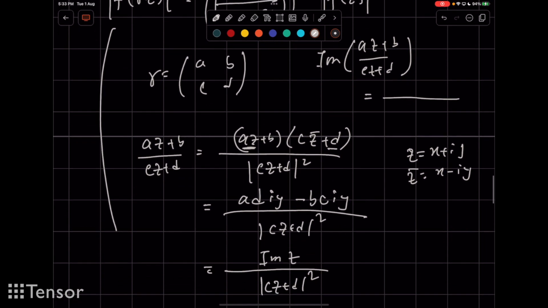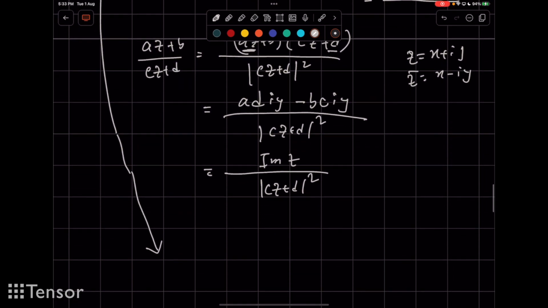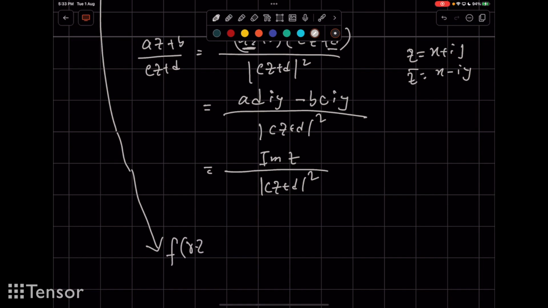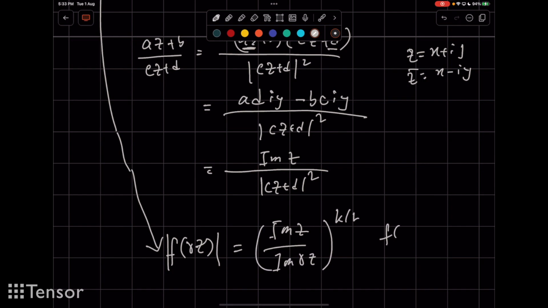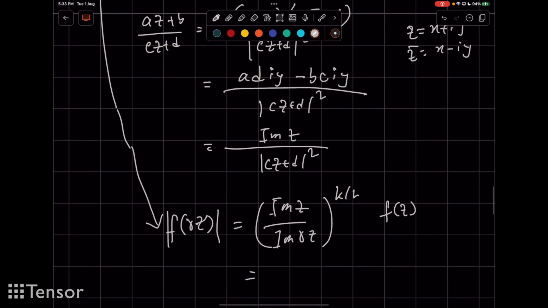So f of gamma z is equal to the imaginary part of Z over the imaginary part of gamma z, to the power k over 2, times f of Z. So this is just (CZ plus D) to the power k times f of Z. Is that right?